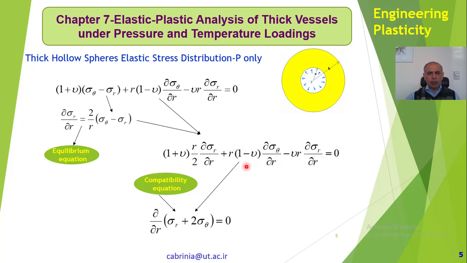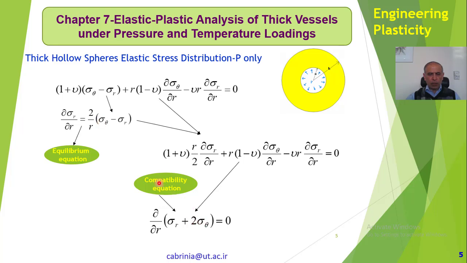Our relationship becomes in terms of partial differentiations with respect to r. So from this equation we can summarize it like that: partial sigma r plus 2 sigma theta partial r is equal to 0. So this is the compatibility equation, this is the equilibrium equation.